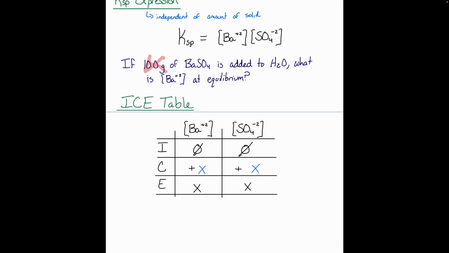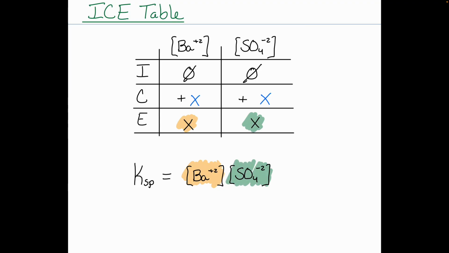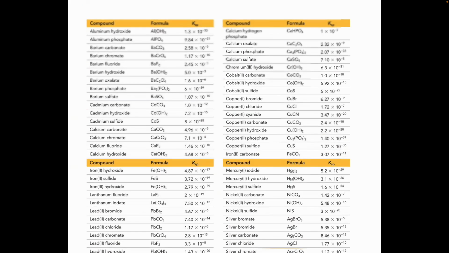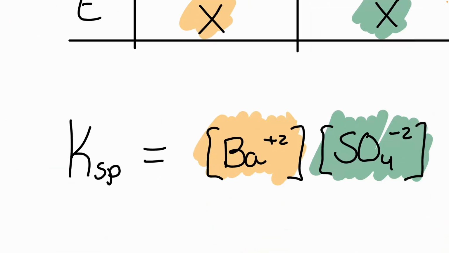I'm going to take this KSP expression. I'm going to plug in my equilibrium value for the concentration of barium, and my equilibrium value for the concentration of sulfate. And I'm going to plug in that 1.07 times 10 to the negative 10. I should probably look it up again. 1.07 times 10 to the negative 10 for my KSP.